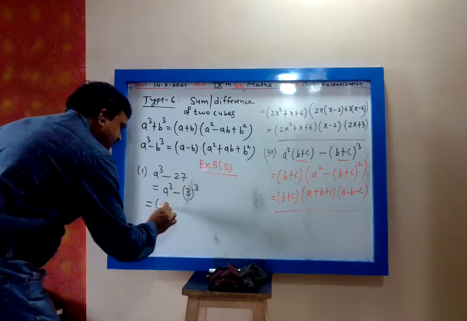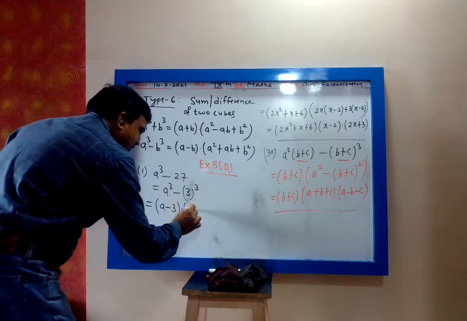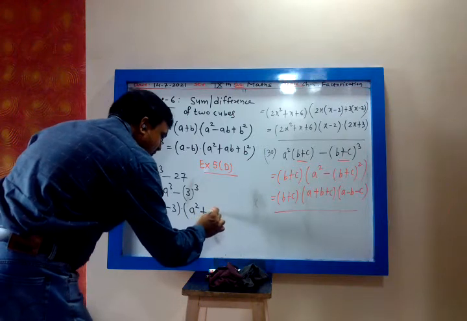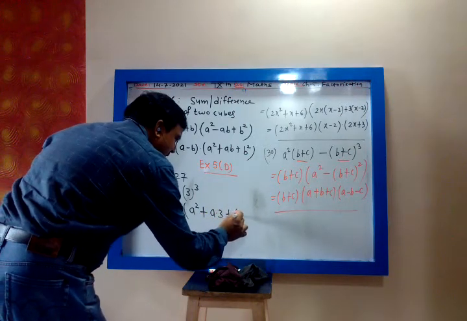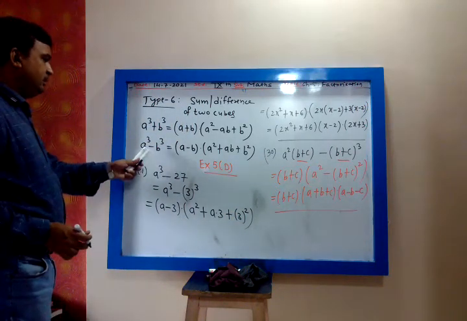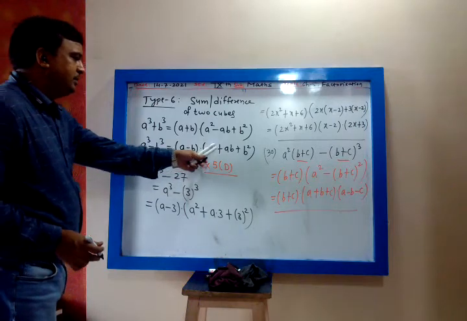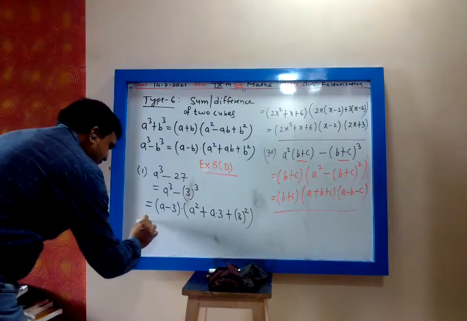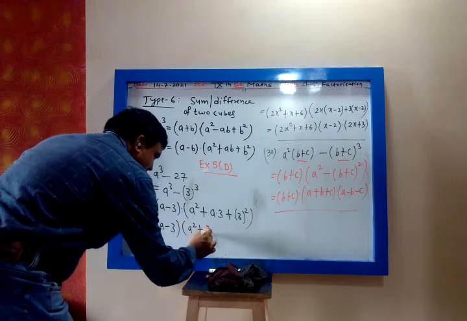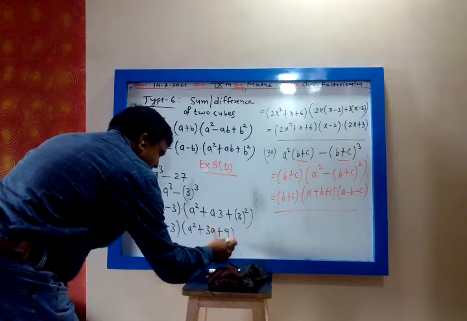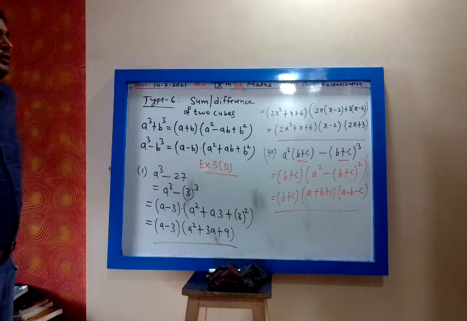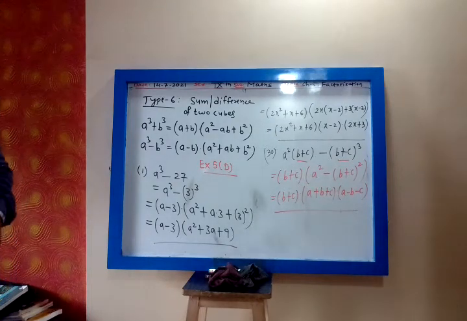It is a minus b into a square plus ab plus b square. So this is a minus 3 into a square plus 3a plus 9, and this is the answer.